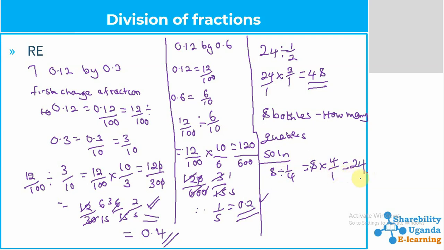Okay, so there are going to be 32 quarters. So with division, that's how they always set it. And please be able to follow the prompts and the use of a reciprocal for you to come up with the right answer.